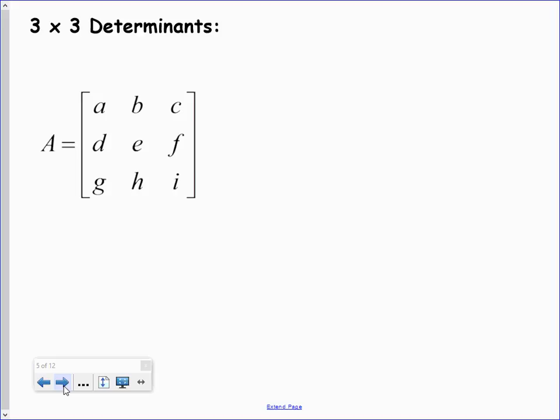Essentially what we want to do is do all the diagonals. So we want the diagonal going down, AEI. And then we want the next diagonal, BF, but it would wrap around and hit G. And then we would want this diagonal C, which would wrap around and get DH.